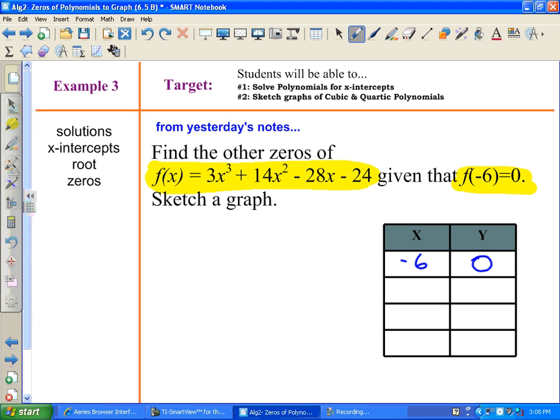They also gave me the y-intercept for free. Y-intercept, 0, -24. What do I know without doing any work? Next thing they gave me for free, end behavior. This is a degree of 3. And the leading coefficient is positive, which means I know the behavior at the ends of the graph will be like that.